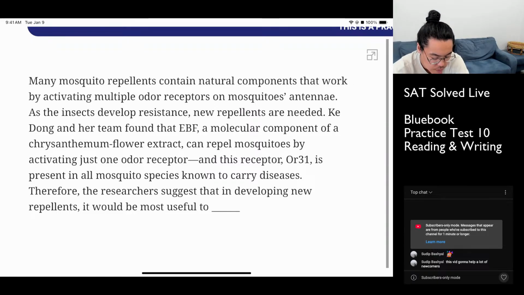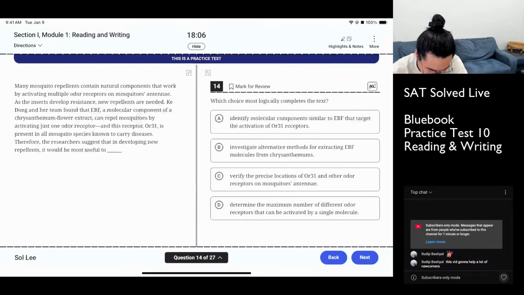OR31 is in all mosquito species that have diseases. So if we're trying to develop new repellents, we probably want to avoid diseases. So we want to make sure to activate OR31, which means we want to have EBF. Or we want, okay, so either just say, the dumber prediction, but a still useful prediction is we want to activate OR31. That's the first prediction, but the more sophisticated one is we want to use EBF. Use EBF.